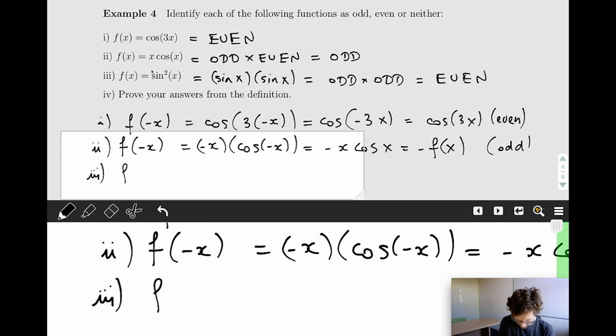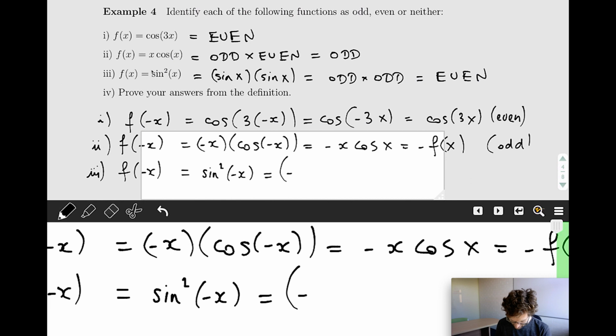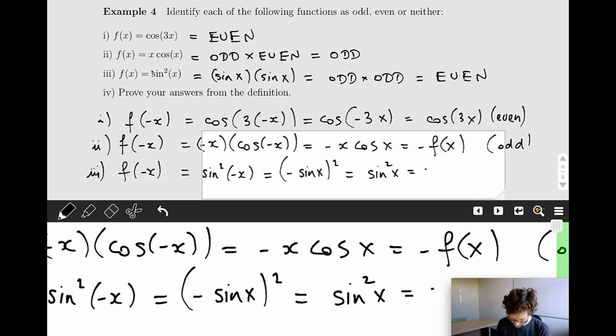Again, let's prove that from the original definition. F of minus x, just replace x with minus x, so I get sine squared of minus x. So sine of minus x is minus sine x, but the whole thing is squared, which gives me sine x squared, or sine squared x, which is my original function. So this is an even function.